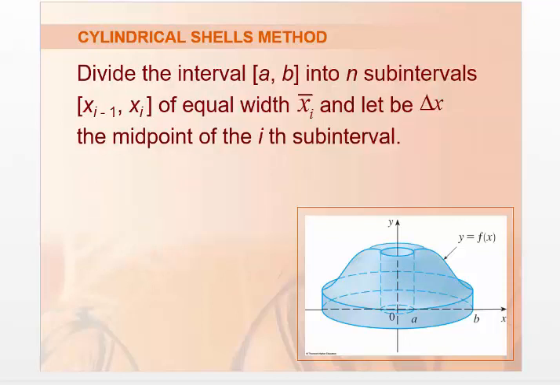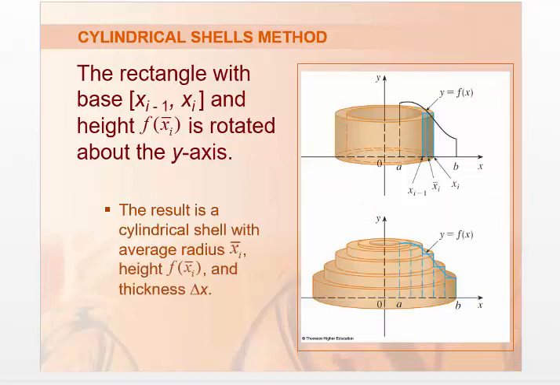All right, so if we divide our interval a to b into n subintervals of equal width, the width will be given by delta x, and we let x bar sub i be the midpoint of the ith subinterval. That's a little confusing, so let me walk us through it here.